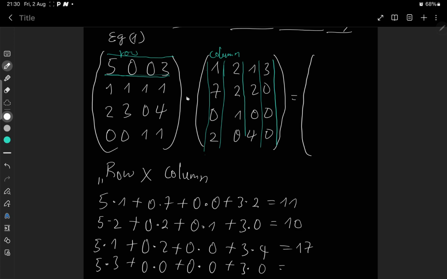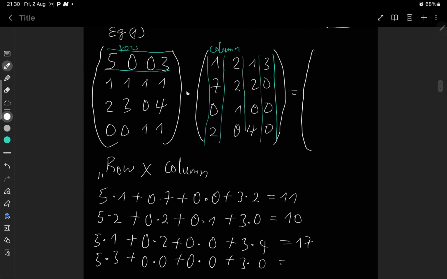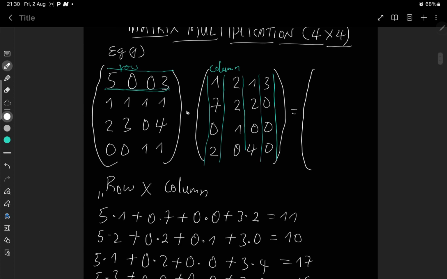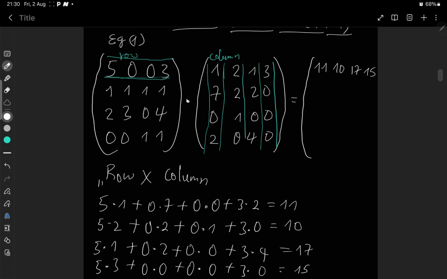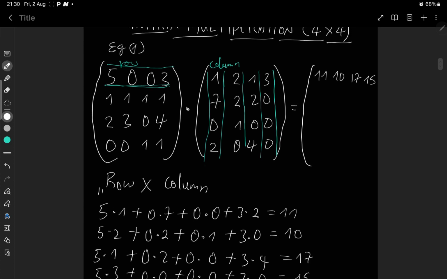So 5 times 3 will give you 15, plus 0, all will give you 15. So in this first row, we're going to have these numbers 11, 10, 17, 15.